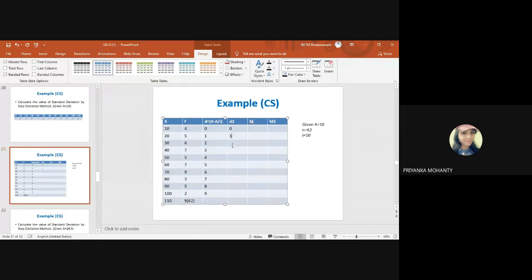Next one is 1, then 4, then 9. The last one in d will be 10. Yes sir, that is 10. And that is how much? 49. 64. 100. 81.